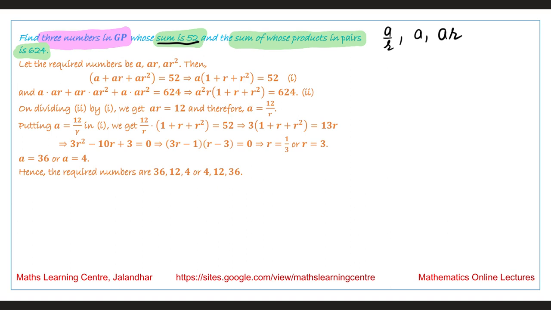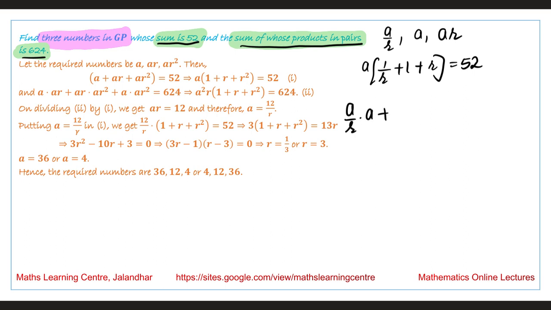If we assume these three numbers, it is being given that their sum is a into 1 by r plus 1 plus r, it is given to be 52, and sum of whose products in pairs, it means a by r into a plus a by r into ar plus a into ar, this value is given to be 624.